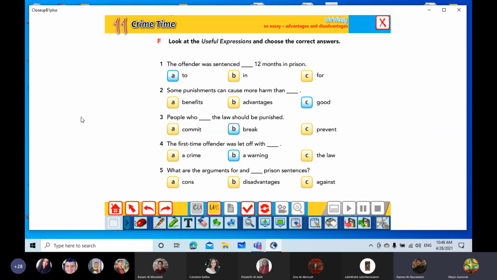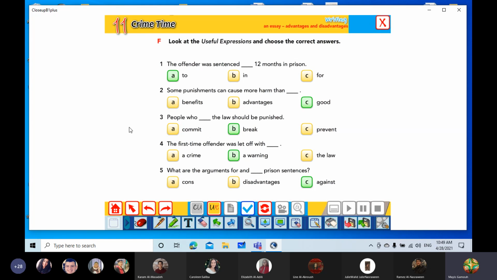What are the arguments for and against prison sentences? And it is a synonym for advantages and disadvantages. So here, if we have the word advantages, we should put disadvantages. And here, if we have the word pros, it should be cons. Thank you, dears. Let's check our answers. And yes, they are all correct.